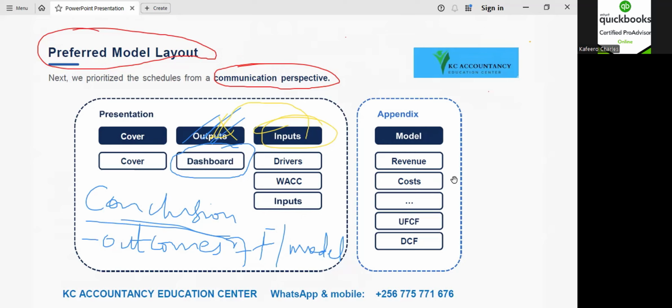So in our case, it will be things like the model drivers, the weighted average cost of capital, and all other remaining model inputs as we've provided them.